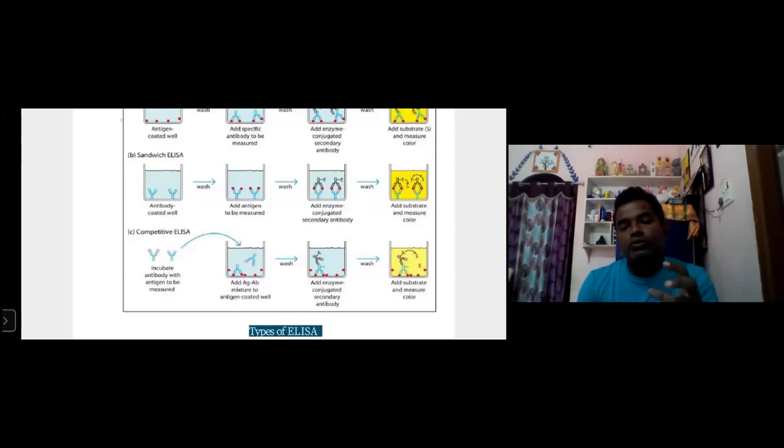Totally, it looks like an indirect method, but we have already incubated and fixed the antigen antibody complexes. Then again add the substrate and the color will be formed, so the result will be positive. If the color does not form, the result will be negative. This is very important.